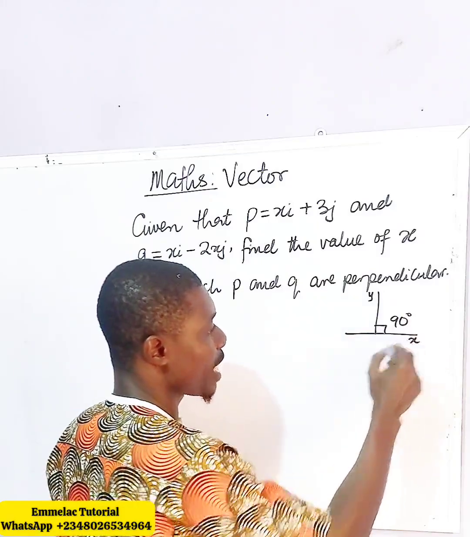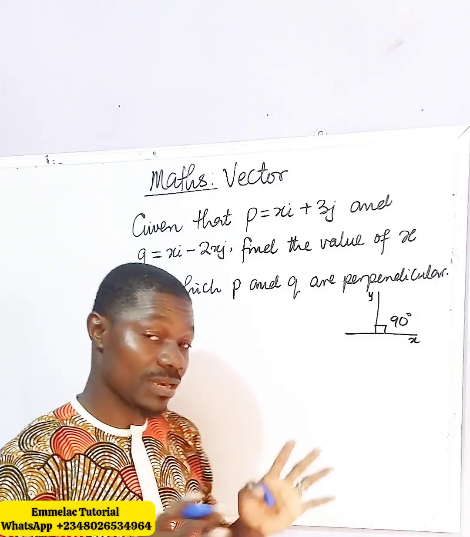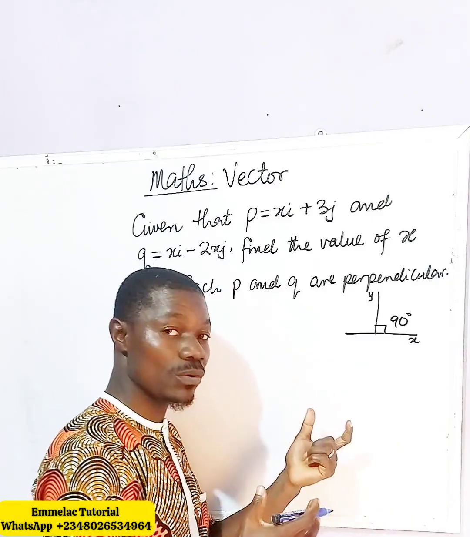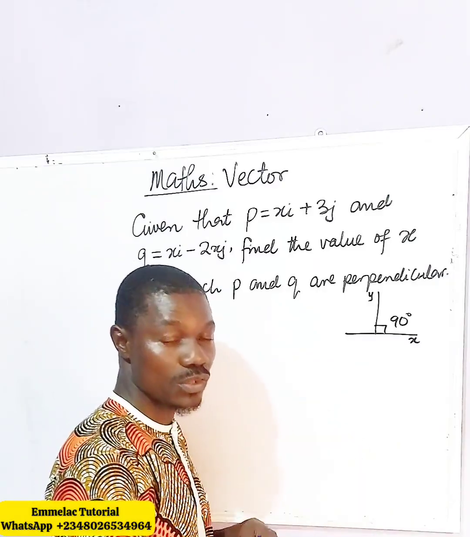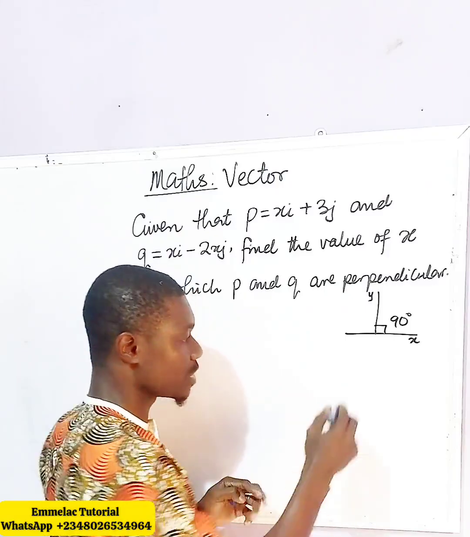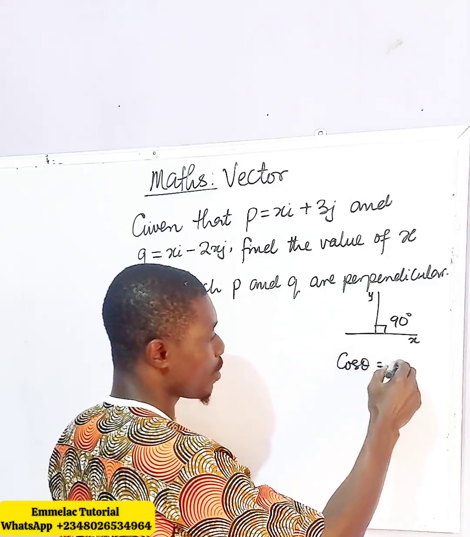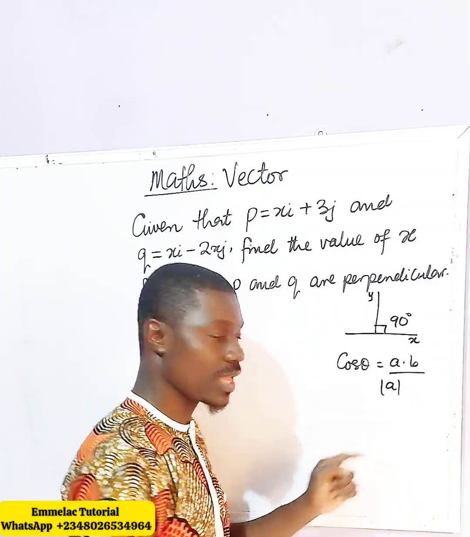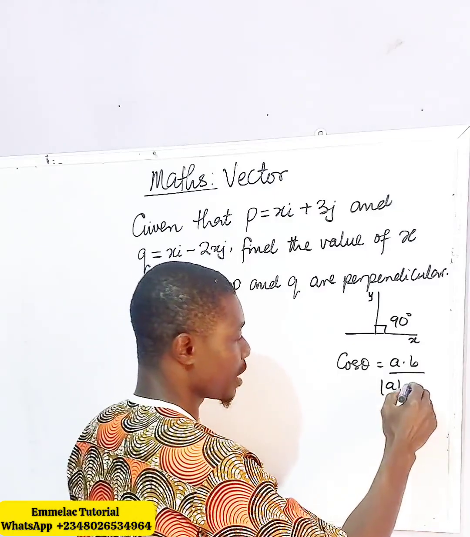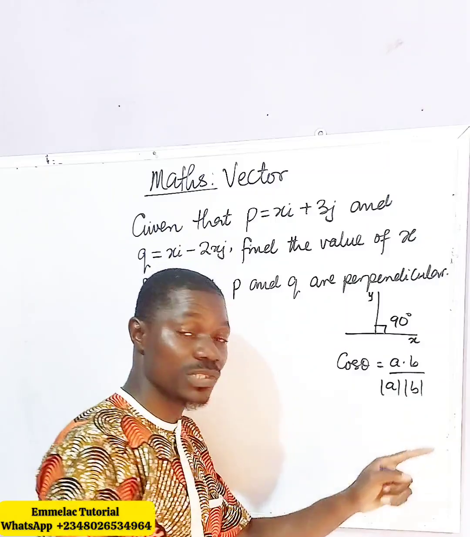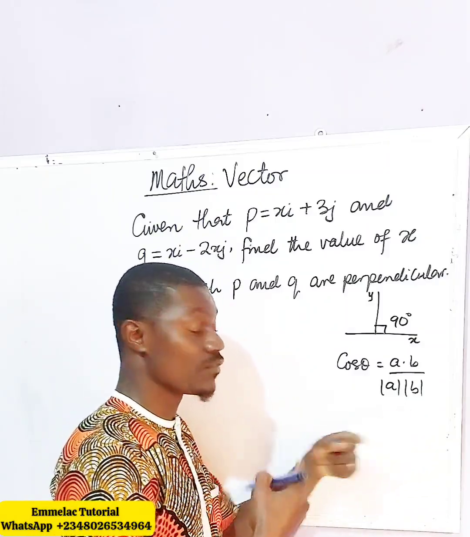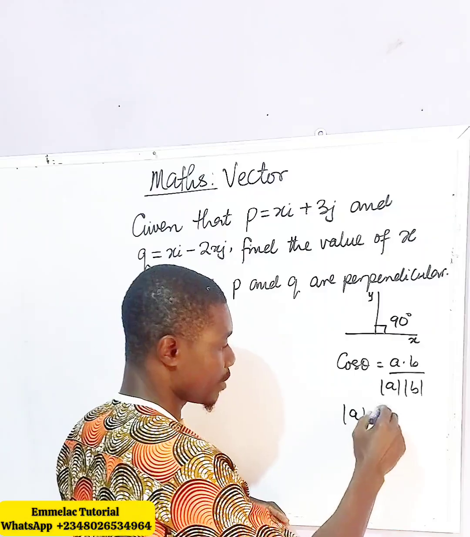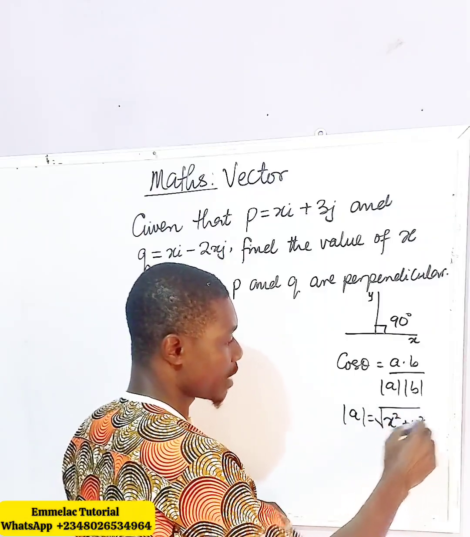A general formula that guides the angle between two vectors, the dot product and their magnitudes is given as cos theta equals a dot b all over modulus of a, which is the magnitude of the vector a, and modulus of b, which is the magnitude of the vector b. This magnitude can also be gotten by using the formula square root of x squared plus y squared.